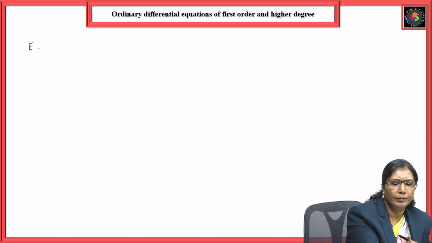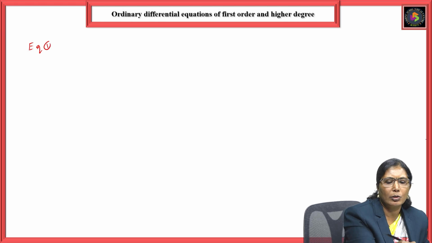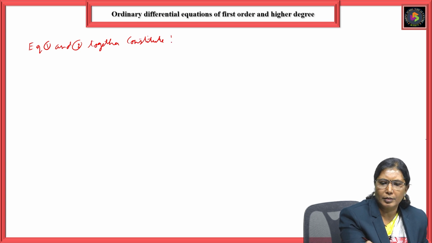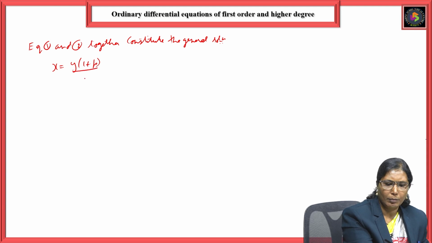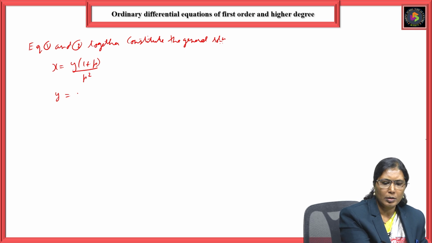Equations 1 and 2 together constitute the general solution: x is equal to y into (1 plus p) by p square, and y is equal to c p square e to the power of p.